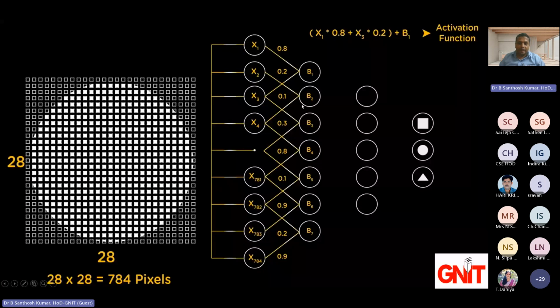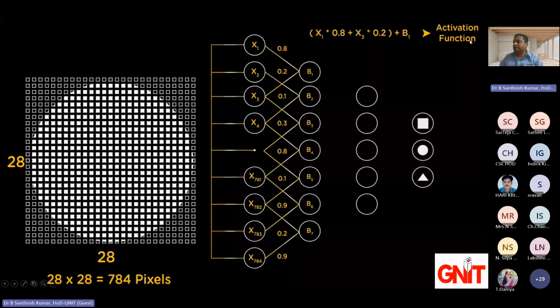Then we have to add the bias values also. For example, my output should lie between 0 and 1 only, so for that I have to use an activation function. If you don't add the activation function, the input value may lie in the negative or in the positive. Whatever the final value is, we have to pass it through the activation function.